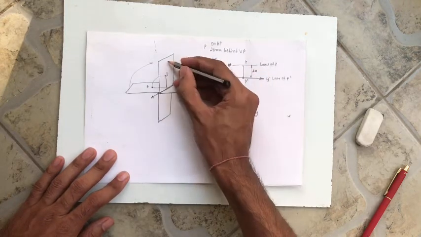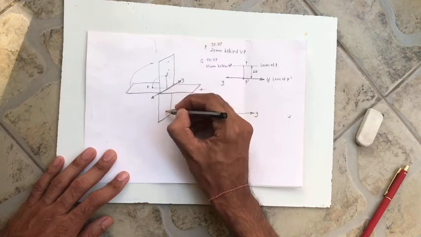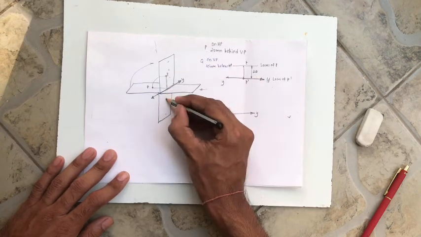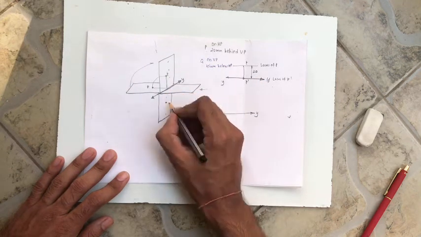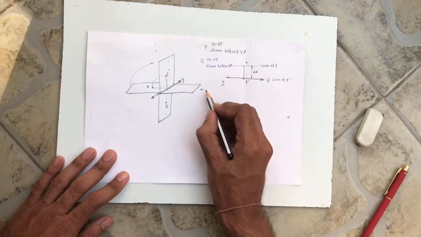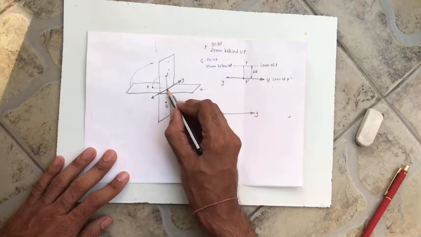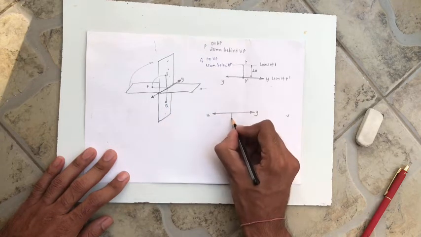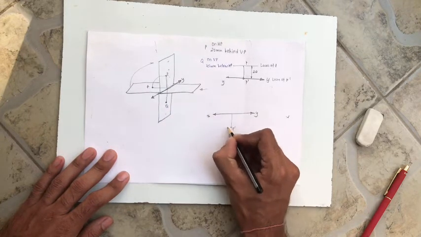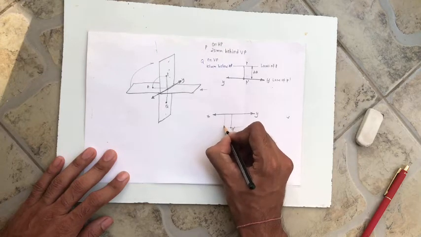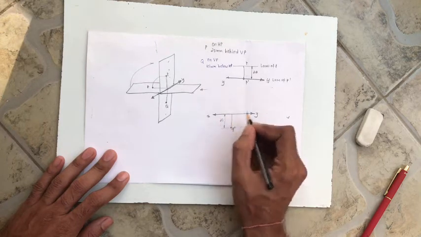On VP means anywhere on VP, but 25 mm below HP, so 25 mm means here is the Q point. Now when we see from this front side, it's directly visible below VP. This one is 25, so directly we can locate Q dash, and this is 25, that is below.